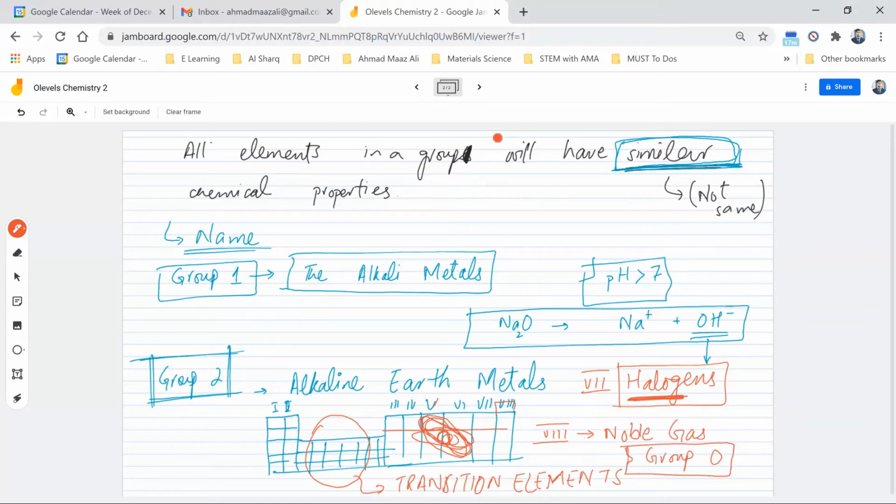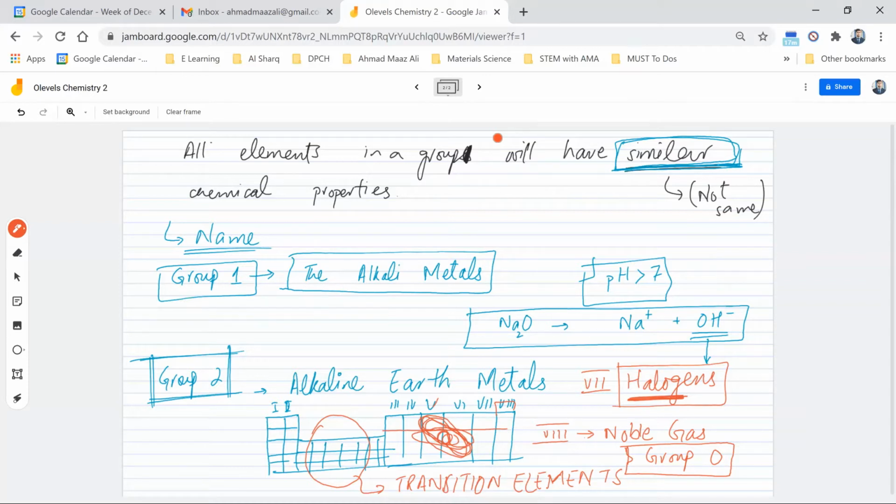Any idea? Because they have no valence electrons. How can they have no valence electrons? Think about it. Because they're stable, their valence shell is full. Yes, awesome. They're stable. You're also right that the valence shell is full.